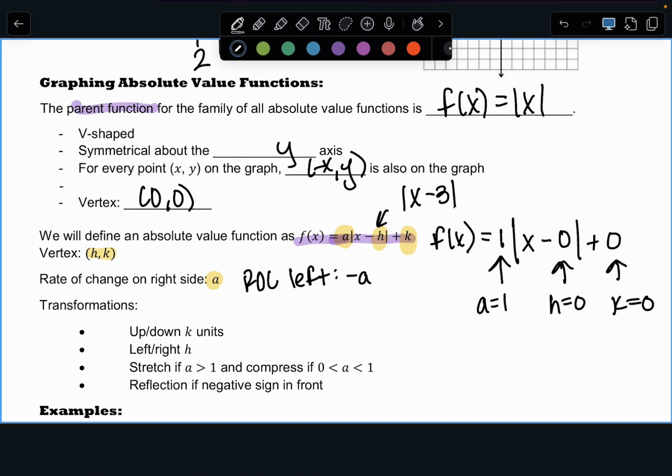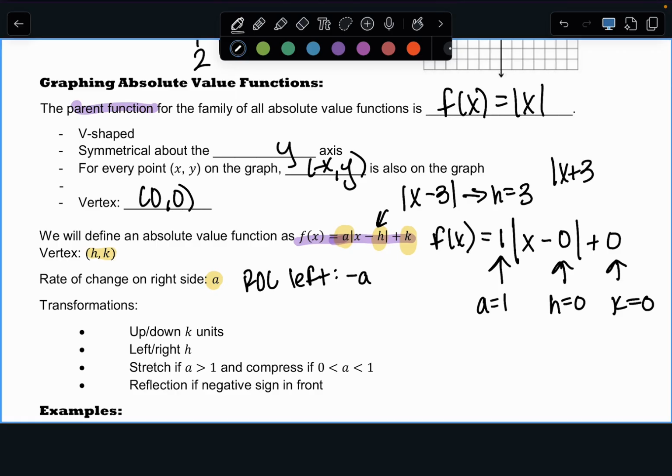So if I had an equation like this, absolute value of x minus 3, what is H in this case? We're subtracting, so it's positive 3. Our signs matched here. We are subtracting positive 3. It's like backwards of what you see. Whatever you see here, flip the sign.